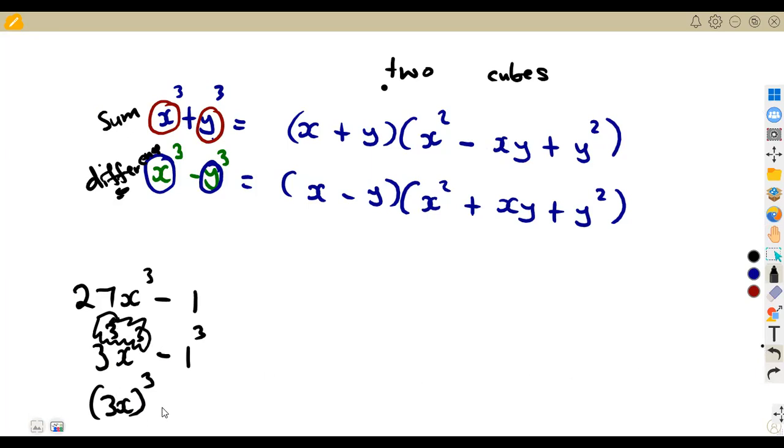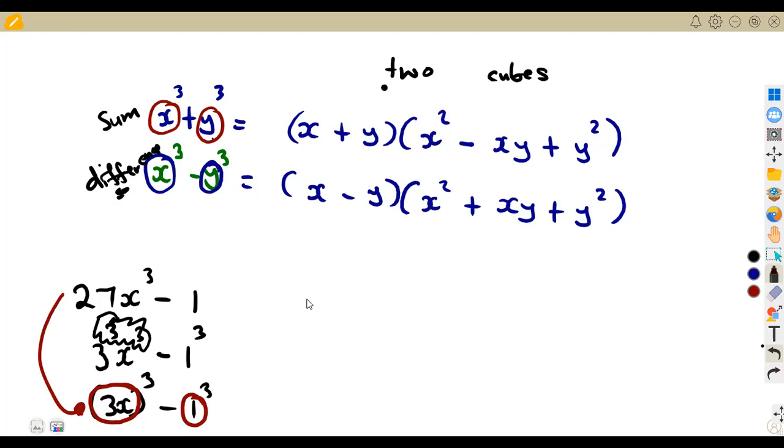So that will be 3x to the exponent of 3 minus 1 to the exponent of 3, so that you can clearly see your first term and your last term, your first and your last. This is just a simplification for you to properly see, okay, this is my first, this is my last.